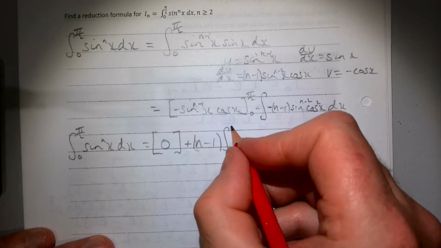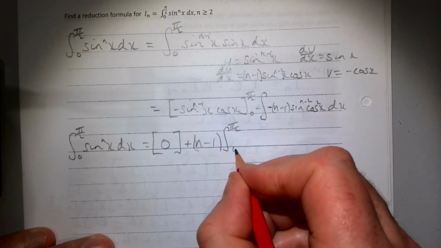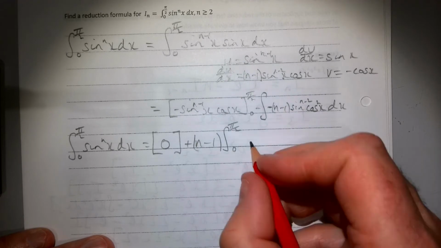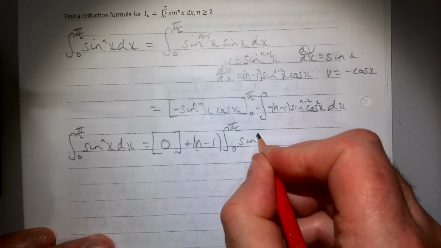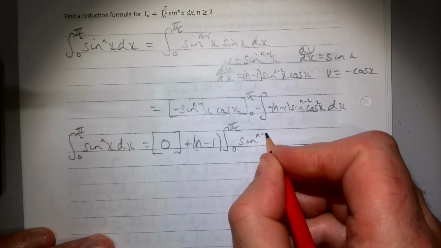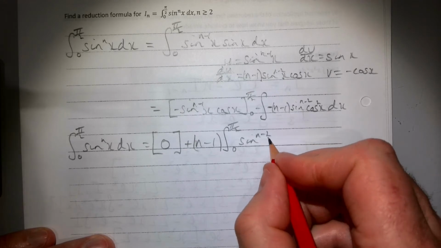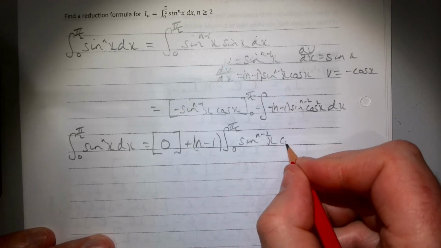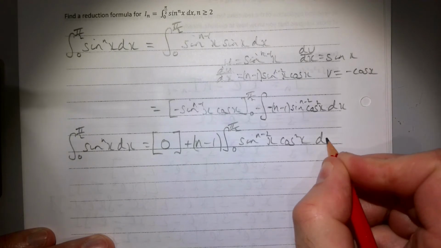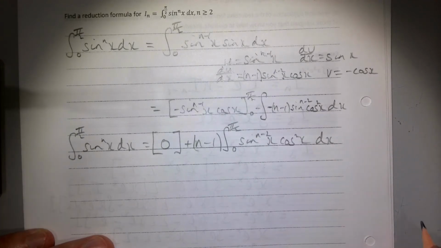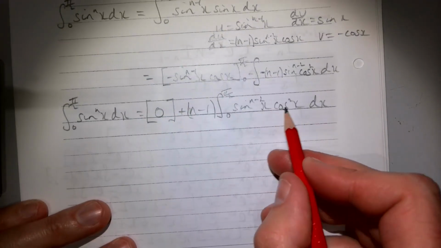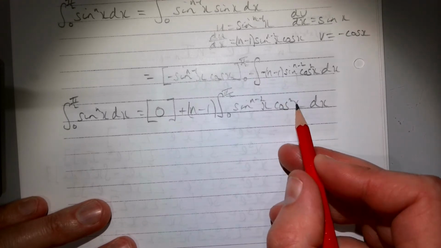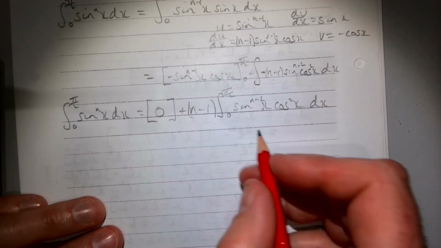And we then have the integral between pi over 2 and 0 of sine n minus 2 x cos squared x dx. My next move here is to change this cos squared x into 1 minus sine squared x.